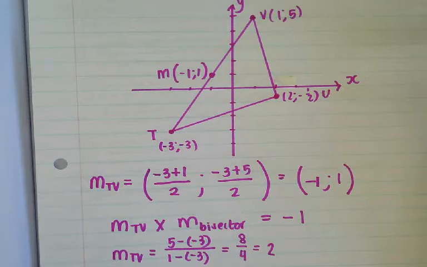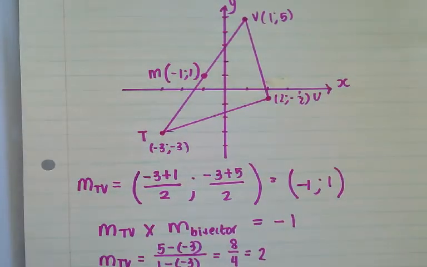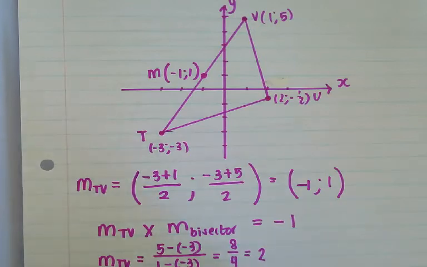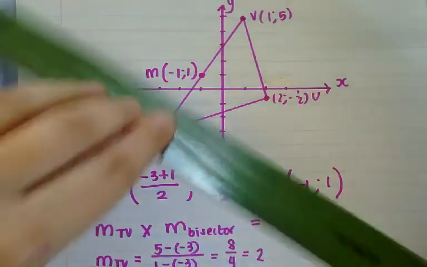A bisector is something that cuts it in half. So a perpendicular bisector would be a bisector that cuts it in half at 90 degrees. So it would be perpendicular to this line. So if I do it in pencil, a perpendicular bisector would look like this.